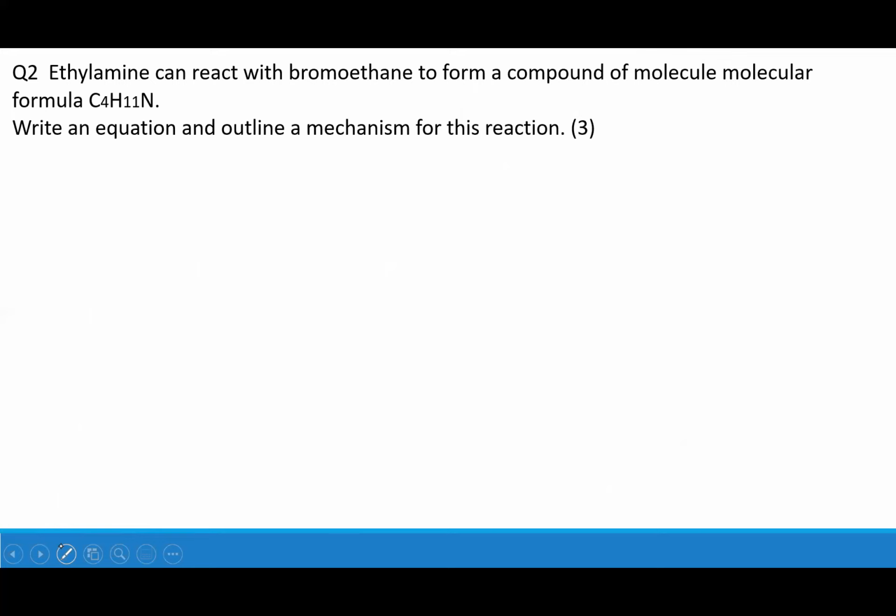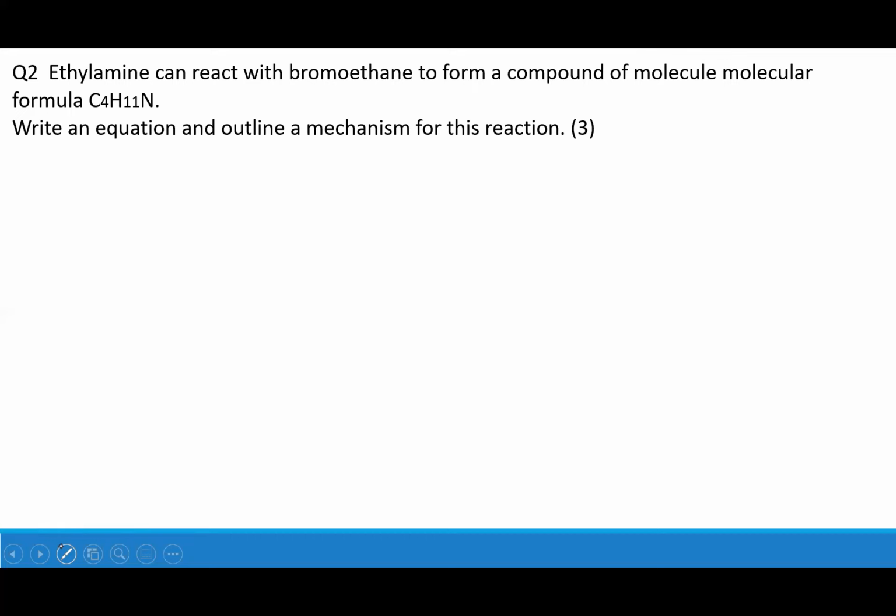Final part of this question. Ethylamine can react with bromoethane to form a compound with molecular formula C4H11N. Write an equation and outline a mechanism for this reaction.